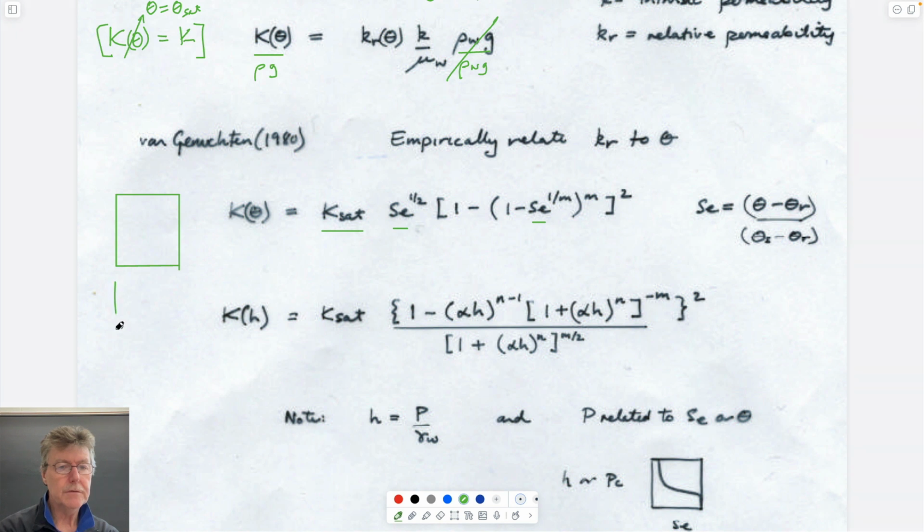I'm going to draw these curves on top of each other. So this is effective saturation, and this is 0, and this is 1.